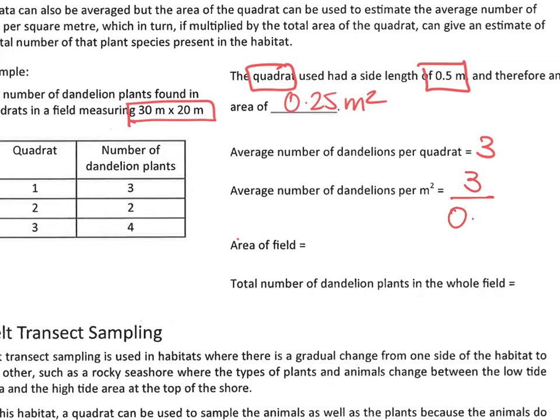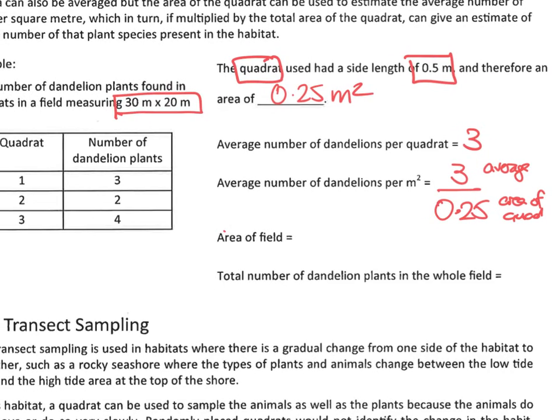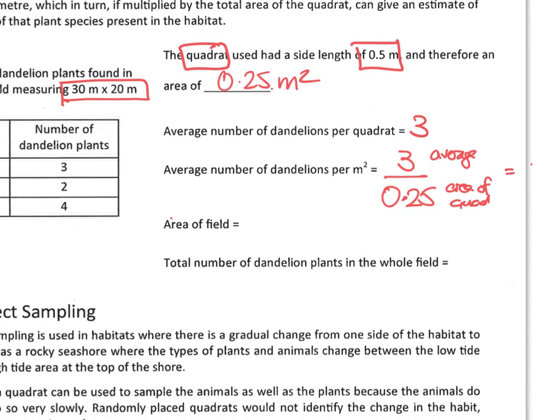Each quadrat is 0.25 of a square metre. So if we want to work out how many there are per square metre, we take the average, divide it by the area of the quadrat, and that gives us 12.